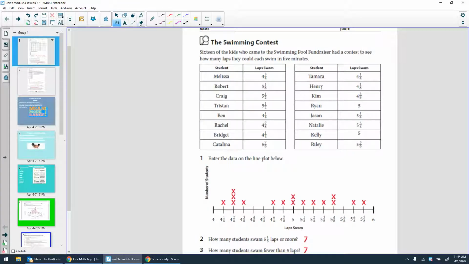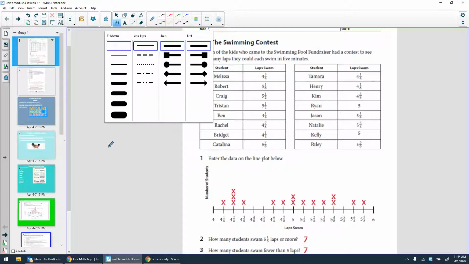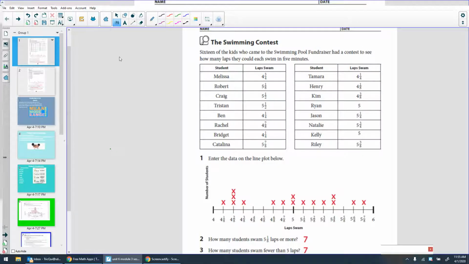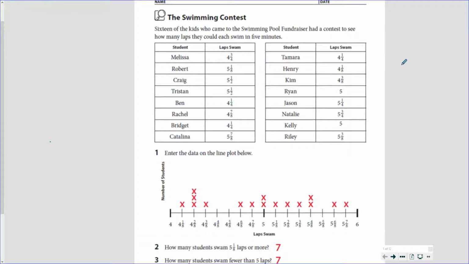One of the things that I like to do to make things a little bit easier for myself is to actually convert some of these numbers right away. I'm going to try to do that for you as I go back out and make this a full screen. So I'm looking at Melissa right now, and it said that she swam 4 3/4 laps. Well, if you look down at our line plot, it's in eighths.